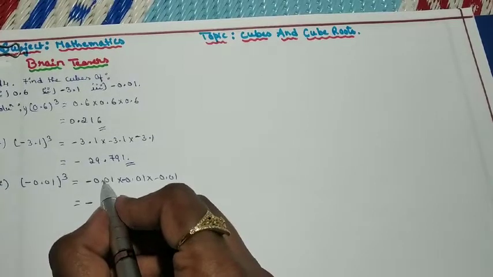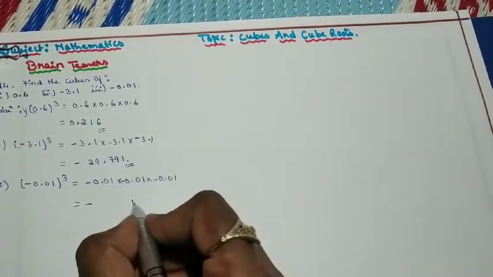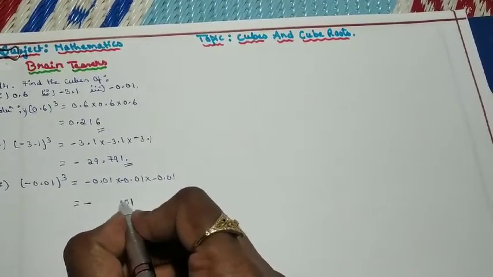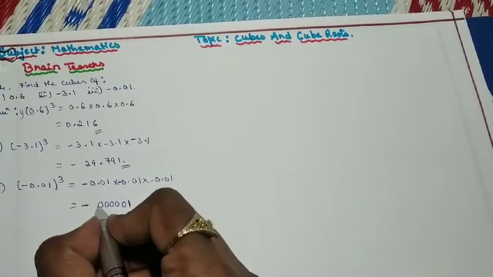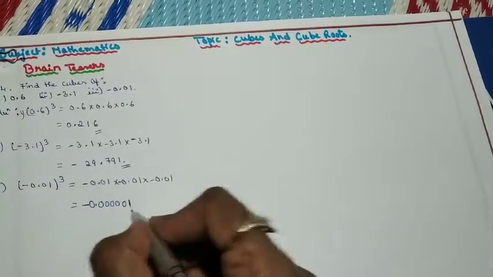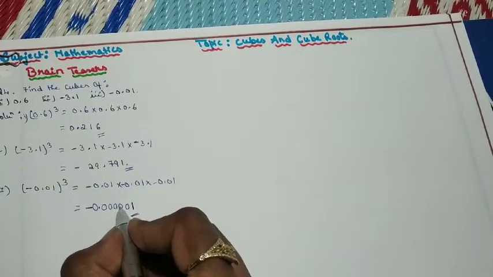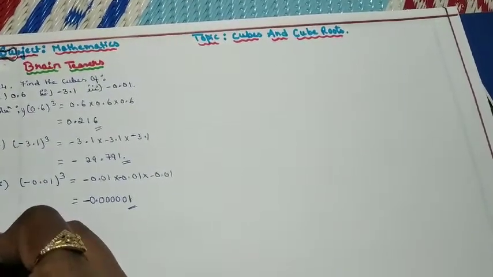But after the decimal point we have 2 digits, 2 digits, 2 digits. 2 3s are 6, so 6 digits we should get. 1 is already there, and the other digits will be 0 towards the left of 1. So the final answer is minus 0.000001.